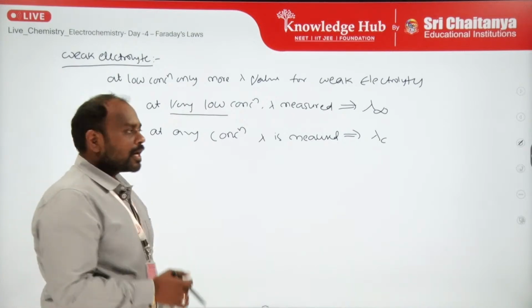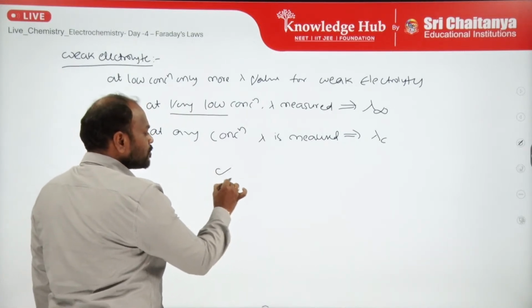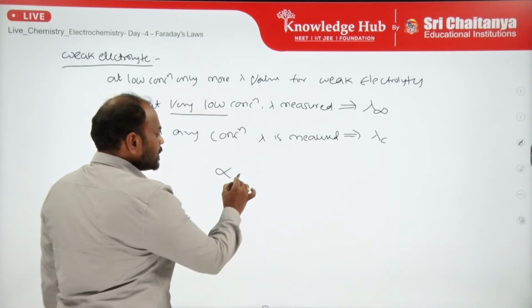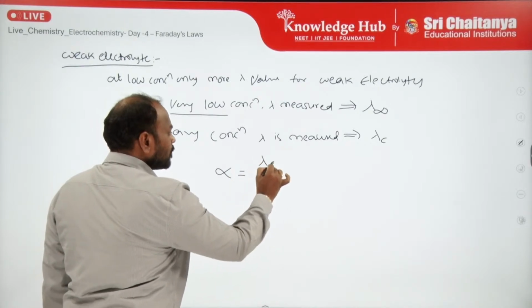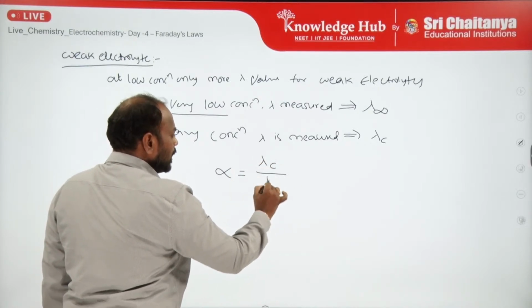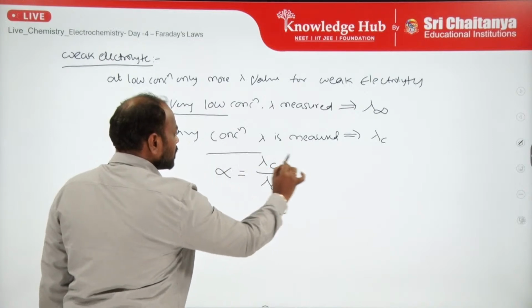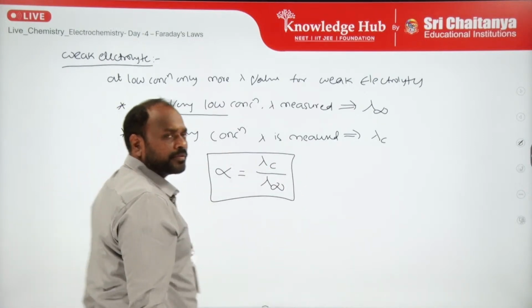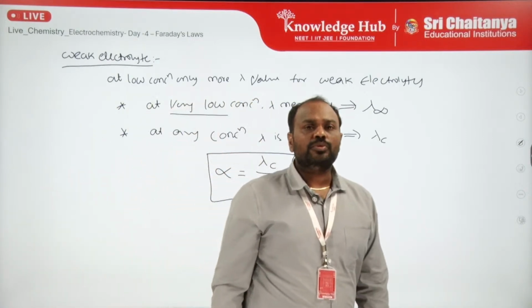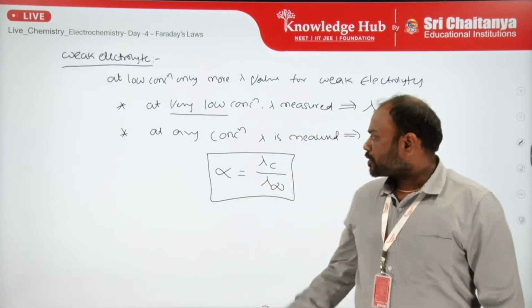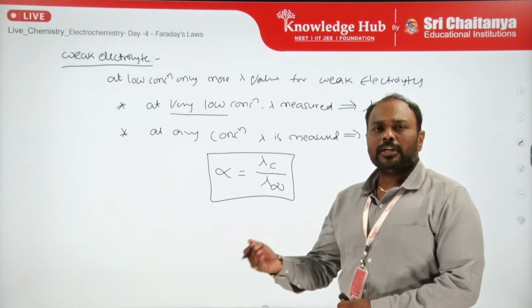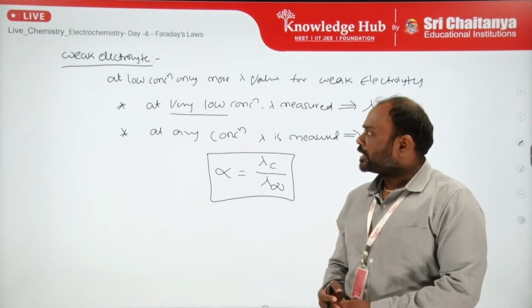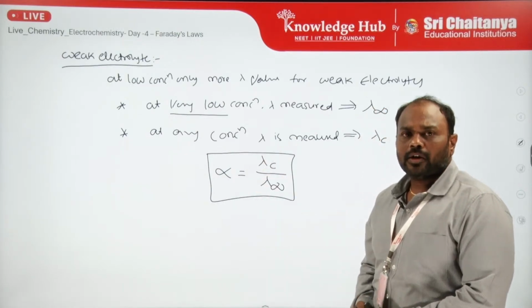Now based on this we get the degree of dissociation alpha, that is equal to the ratio of lambda c to lambda infinity. This ratio is known as which one? Degree of dissociation. Degree of dissociation alpha is equal to lambda c by lambda infinity. So this is for weak electrolytes.